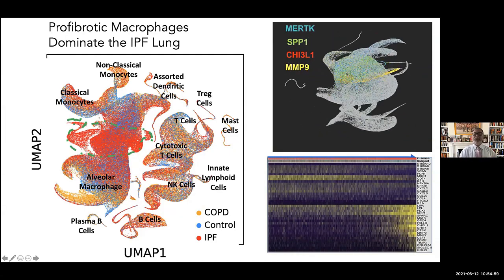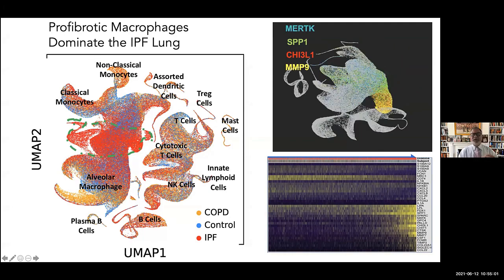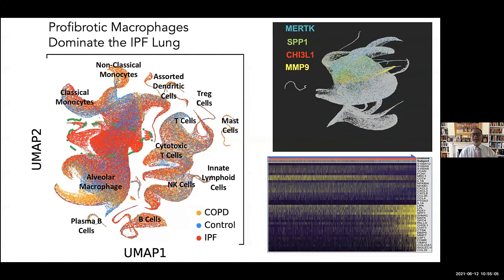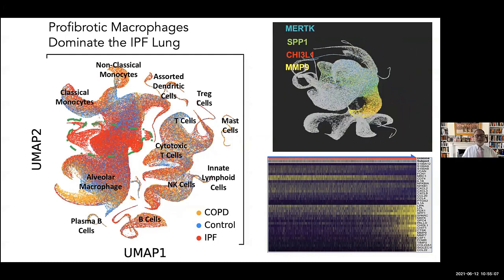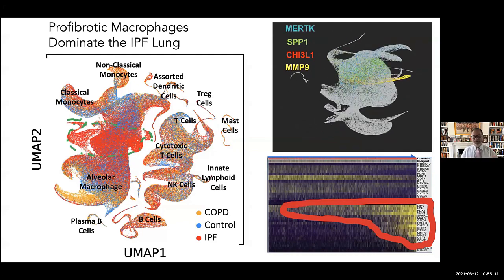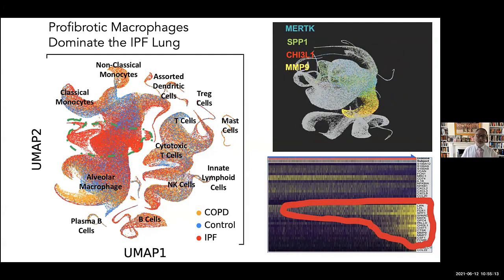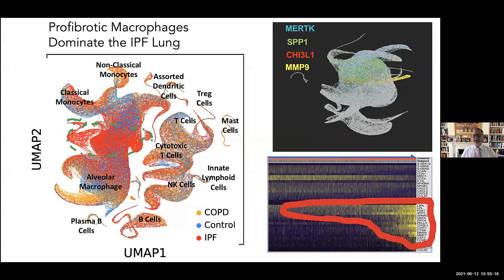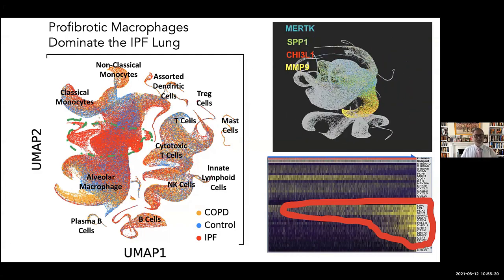This is a three-dimensional rendition of every cell in the lung. Every dot here is a cell, and the colors are the markers. The cool thing is there's actually a fibrosis signature in these cells. So if we had a drug that could wipe out this signature, we could probably affect the disease.